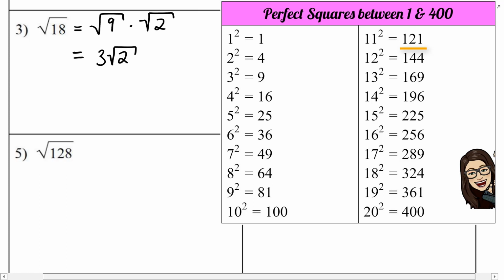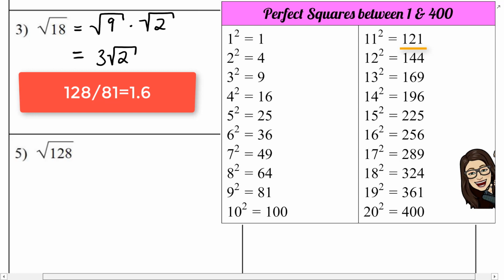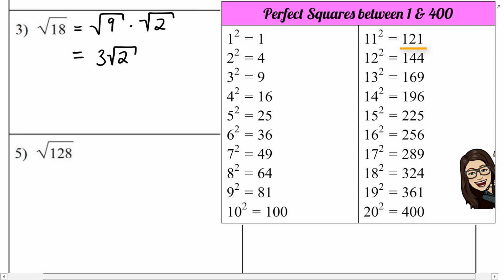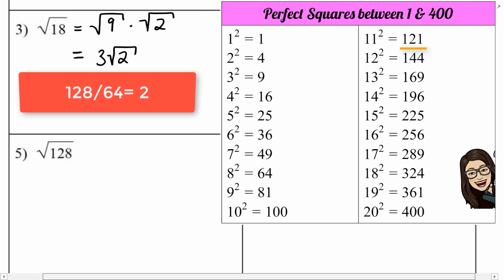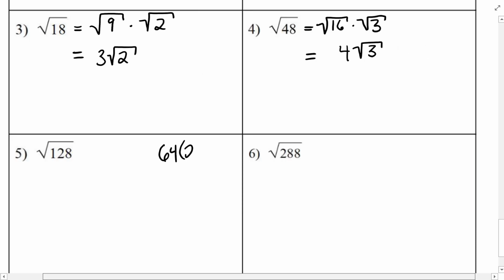So 128 divided by 81. No. 128 divided by 64. 64 times 2 is 128. So 64 is the largest perfect square that goes into 128.